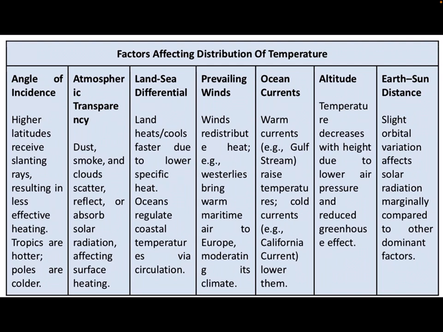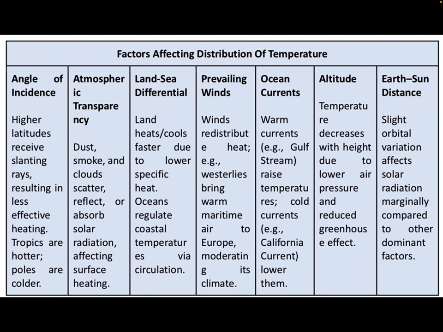So if the sea is surrounded by land, then that particular sea has higher temperature as compared to the sea which is not surrounded by land. So this is the third factor.